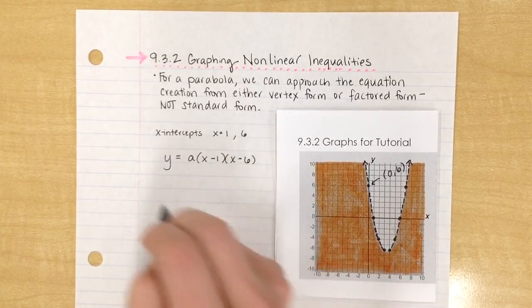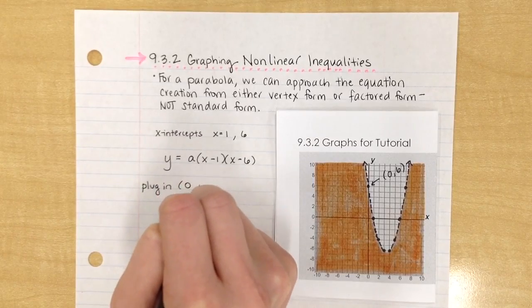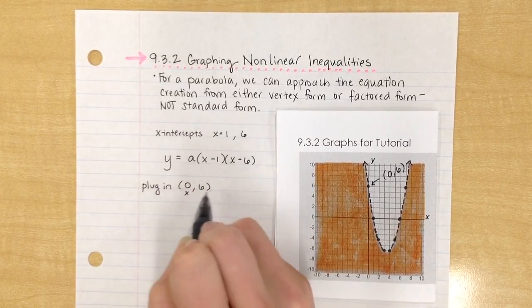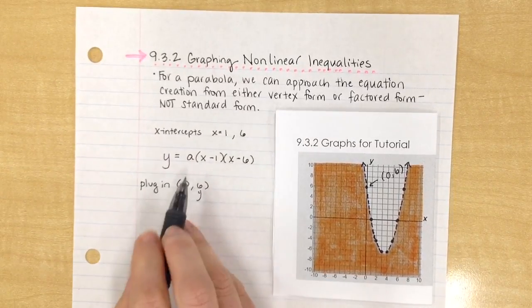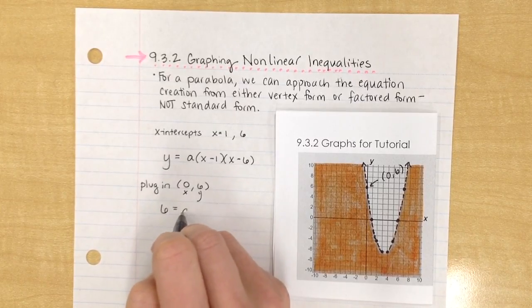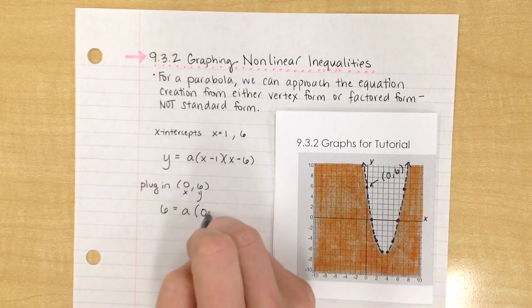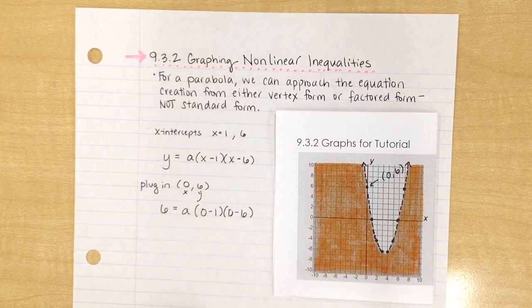I'm going to plug in 0, 6. I'm going to plug in 0 for the x value, and 6 for the y value into this equation right up here. So now I have 6 equals a times (0 minus 1) times (0 minus 6).